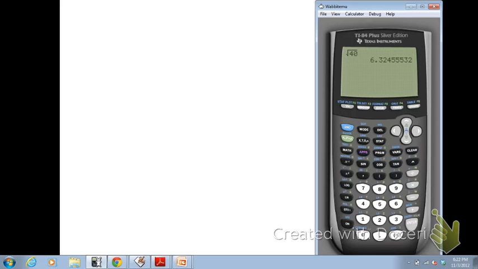I get about 6.32, and then I'm going to type in 2 square roots of 10 and see what I get there. Now if these expressions are equivalent, I should get the same answer, and I do. So I know for sure I've simplified it correctly. So that's just something nice you can do to quickly check that you're doing all these problems correctly.